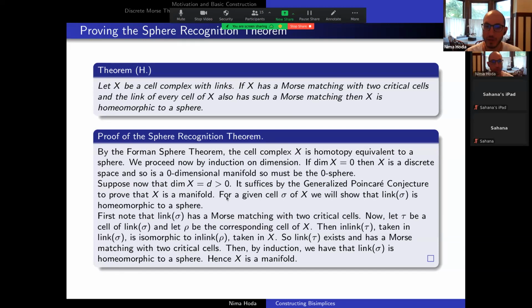If the dimension is greater than 0, then by the generalized Poincare conjecture, it suffices just to show that X is a manifold. So we know that in order to do that, we just have to show that links of cells are homeomorphic to spheres. So let's take a cell sigma, and let's consider its link. We know by assumption that the link of sigma has a Morse matching with two critical cells.